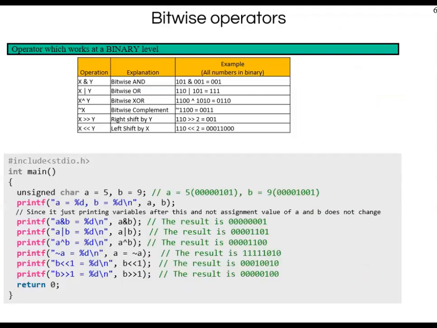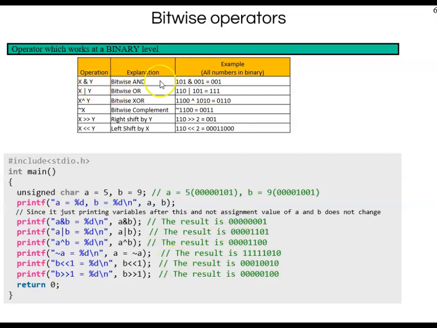So let's look at bitwise operators. Bitwise operators work at a binary level. So there are actually 6 bitwise operators: bitwise and, bitwise or, bitwise exclusive or, bitwise complement, right shift, left shift, right? These are the operators that we have. So bitwise AND works like this. It's a logical AND.